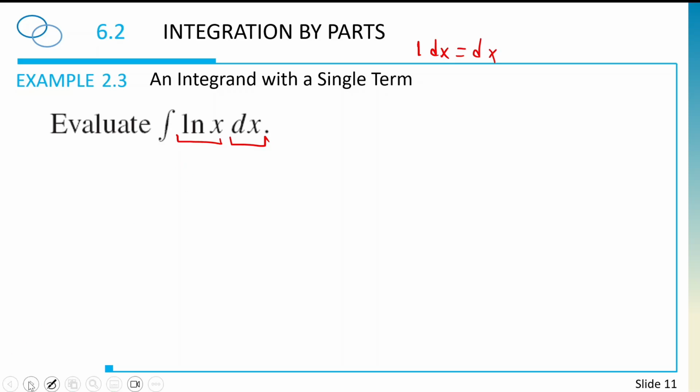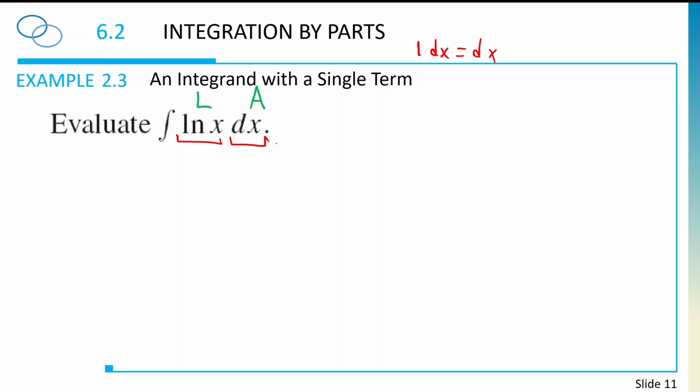Now, what are the two functions available here? If you look carefully, I have ln of x, which is L, a logarithmic function, and I have 1 dx, which is algebraic, right? It's one only.